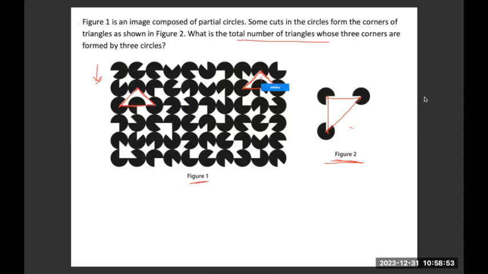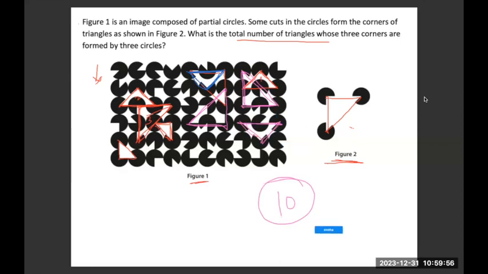One, this is 1, this is 2. 3, 4, 5, 6, 7, 8, 9, 10.